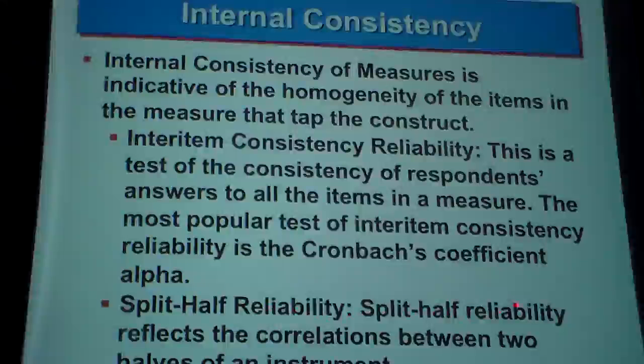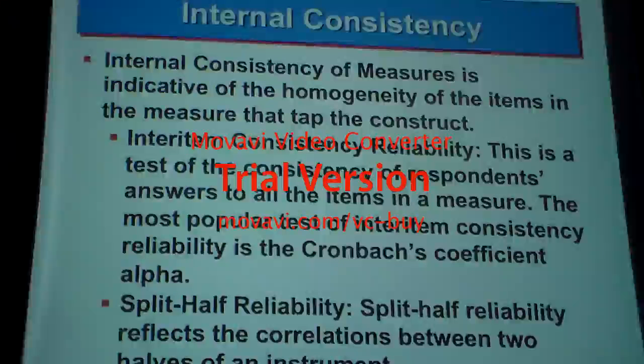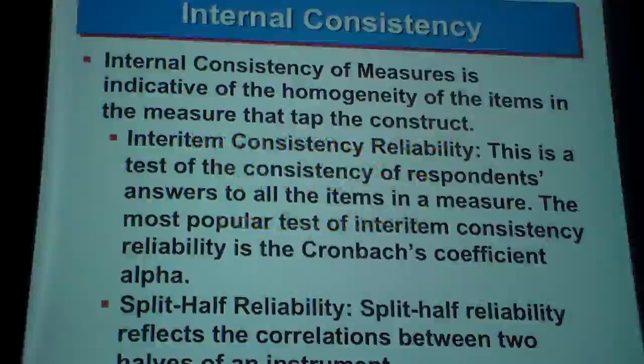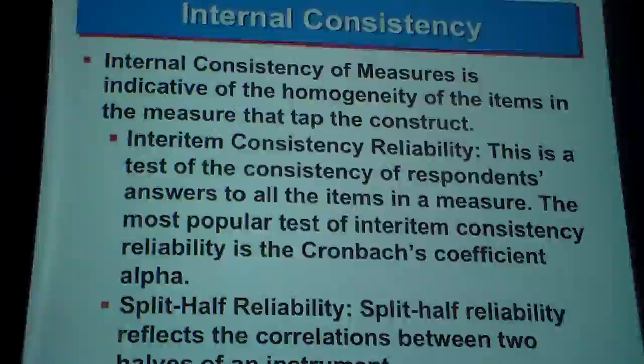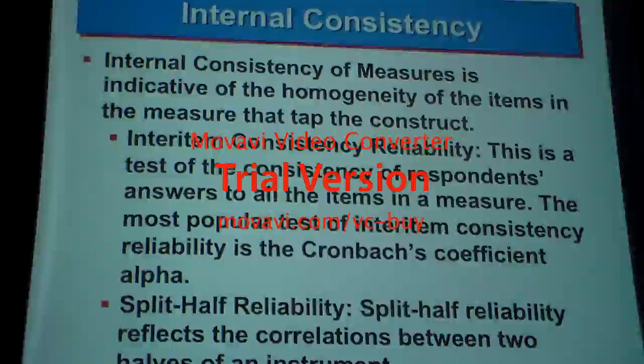Split-half reliability reflects the correlations between two halves of an instrument. If you have one instrument and this instrument is split into two halves, and there is a correlation, it means some type of relation. You took it in statistics. What do we mean by correlation?